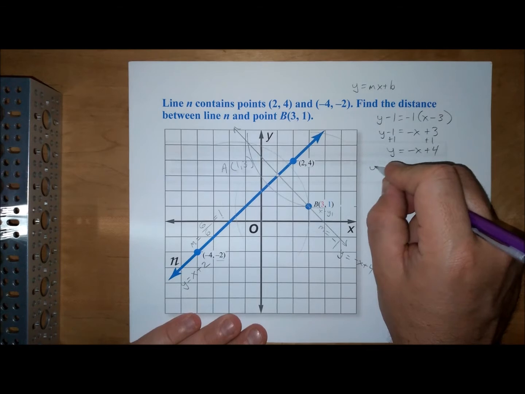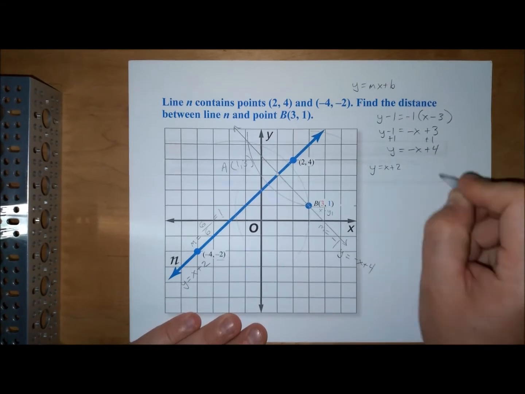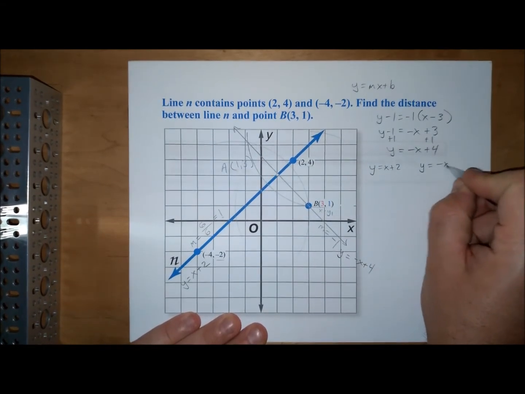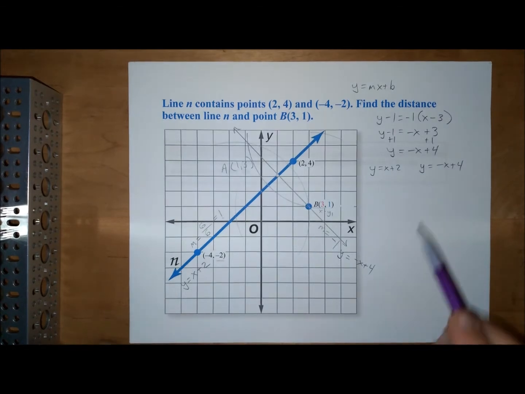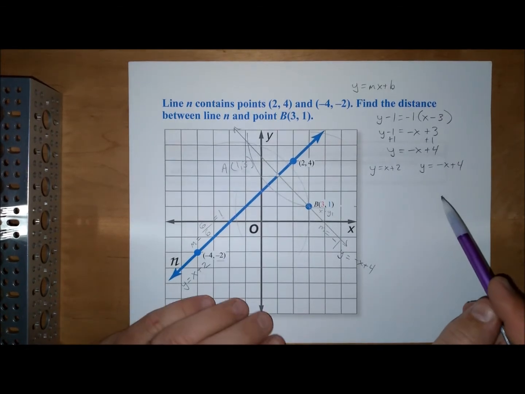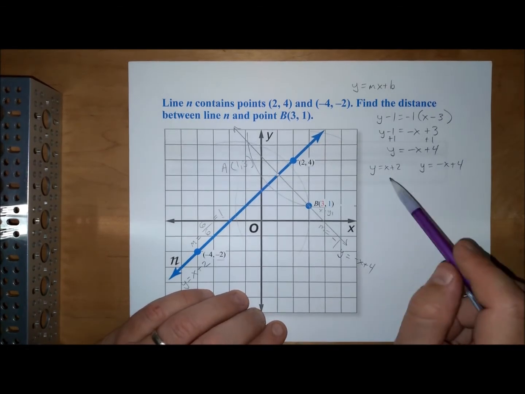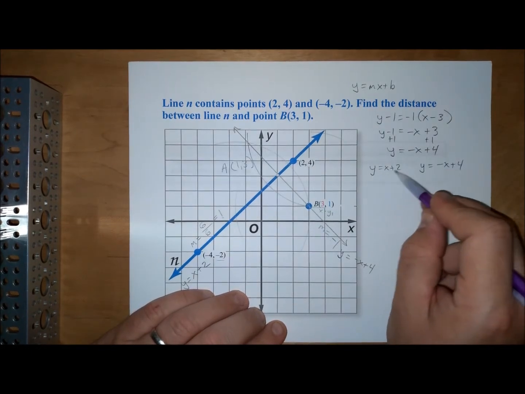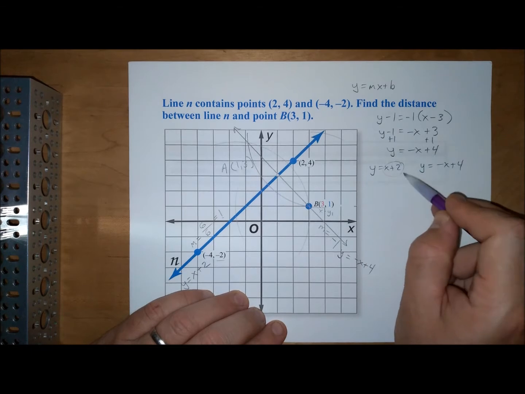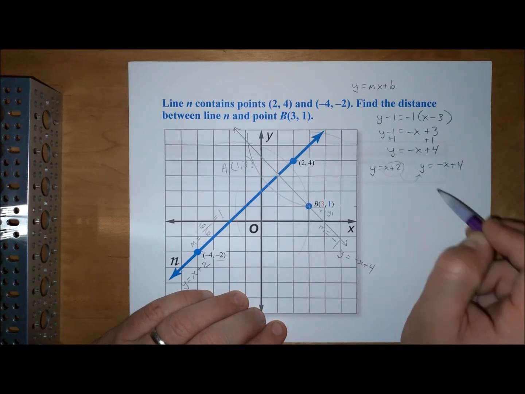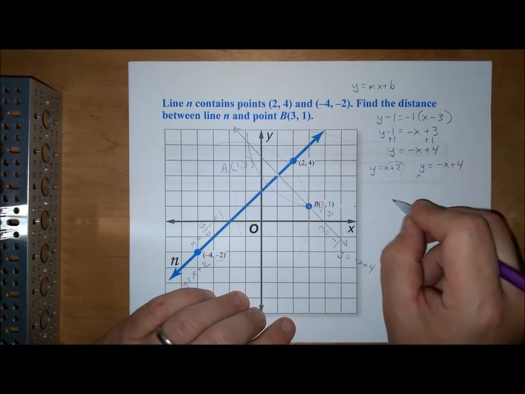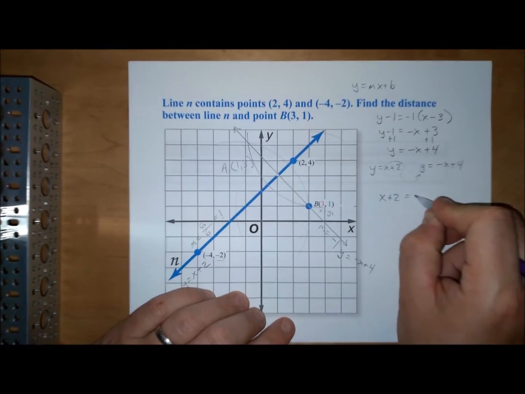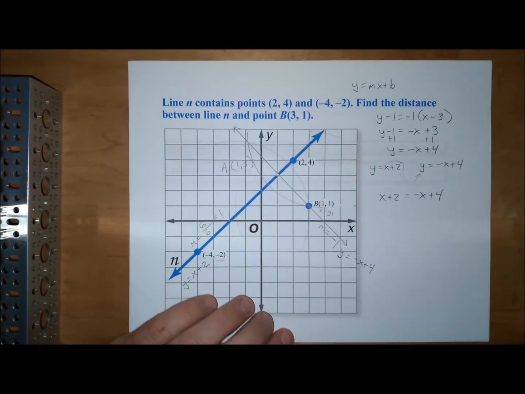It's going to happen where these two equations are equal to one another. And since they're both solved for y, since y equals x plus 2, I can substitute in x plus 2 into the other equation for y. And I get x plus 2 equals negative x plus 4.